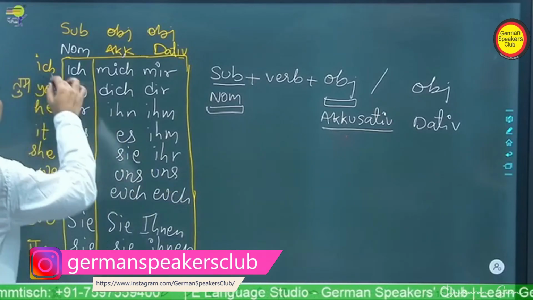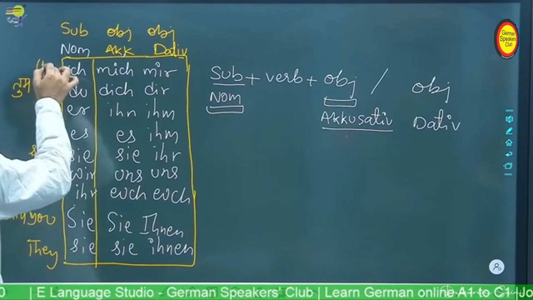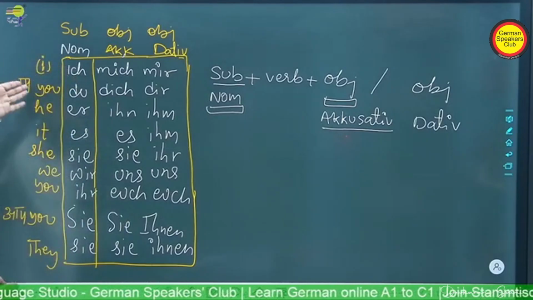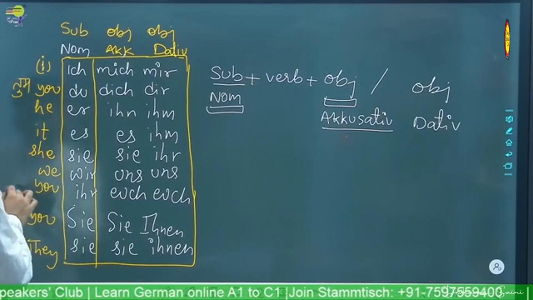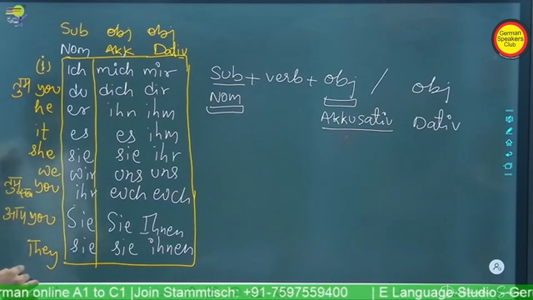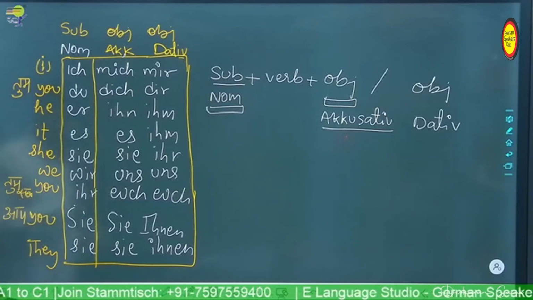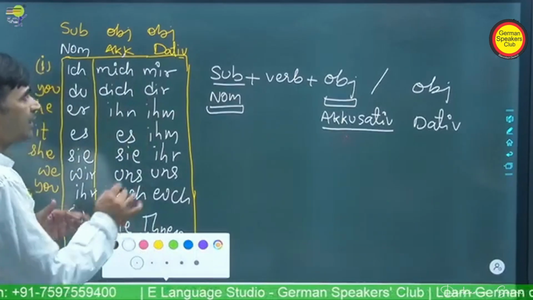Ich is I, that you see here at the top. I, you, he, it, she, we, you. Ihr here, as I've explained, means you all or you both, which is informal. This is Sie, you, which is formal.